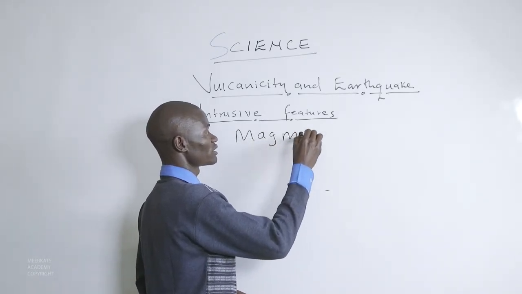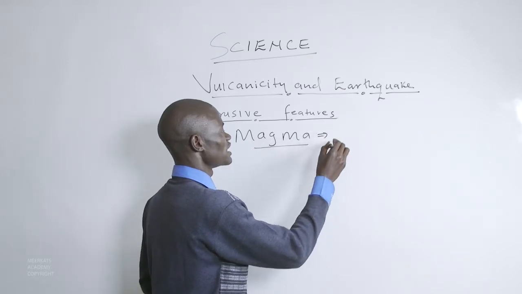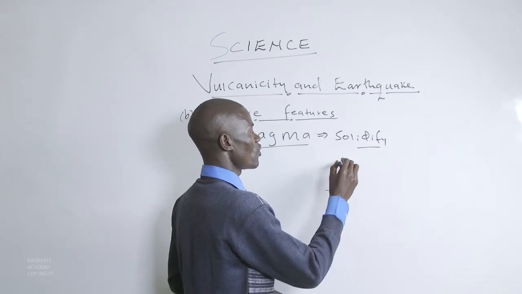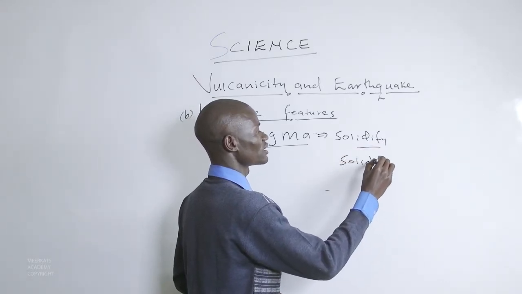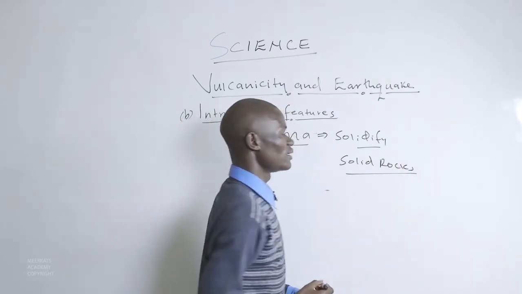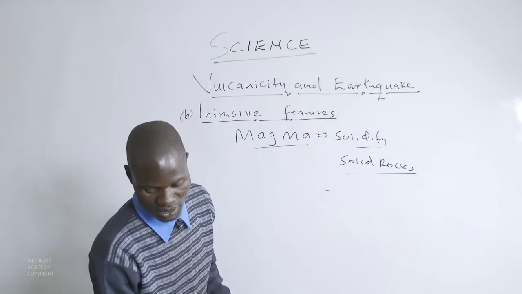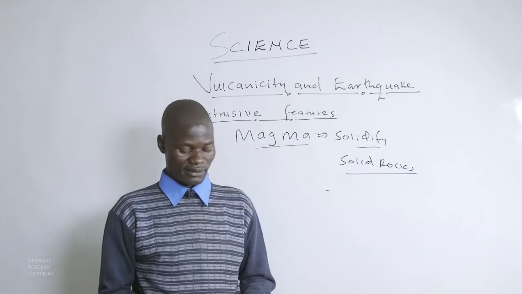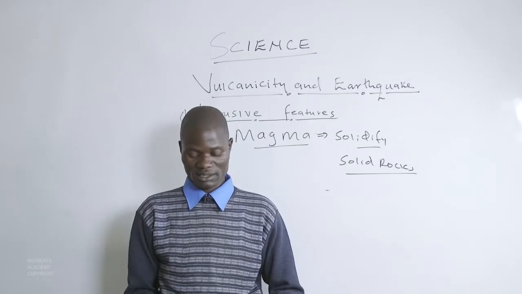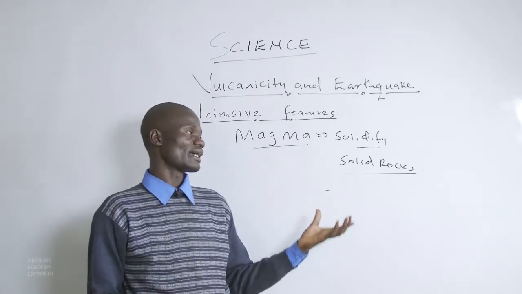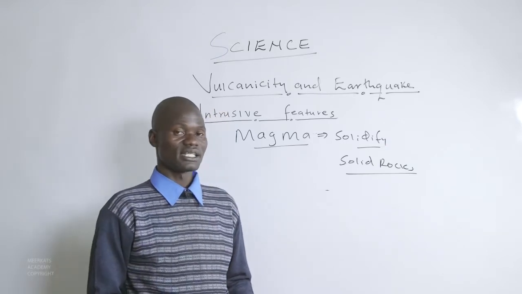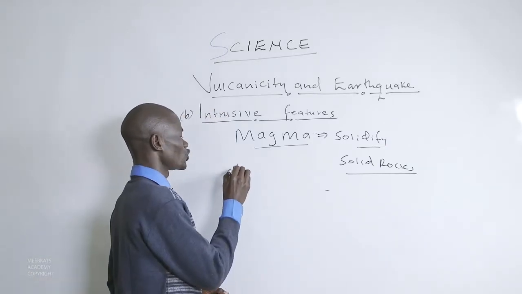When magma cools, it will solidify and then form solid rocks. These masses of rocks sometimes lead to the formation of features beneath the bedding planes of the crust. And remember, the rocks which are formed by the cooling process of magma within the crust, these features are called the plutonic rocks.